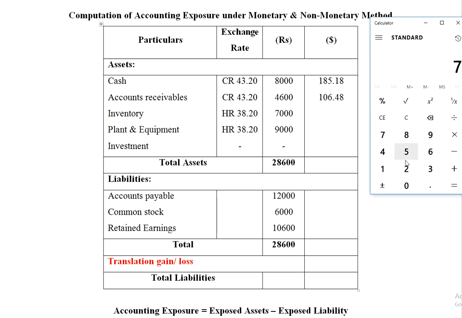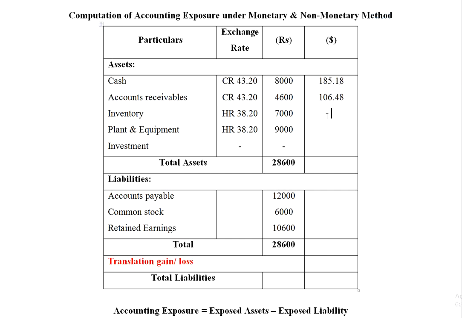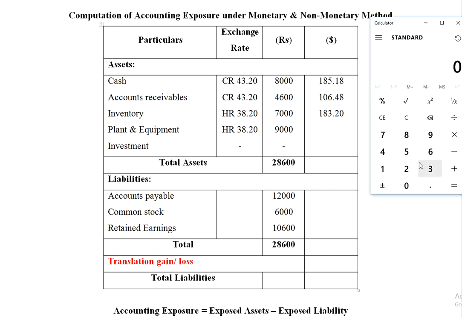It is 7,000 divided by 38.20, which is 183.24. I multiplied it actually. 183.24. And again, let us check, 9,000 divided by 38.20.